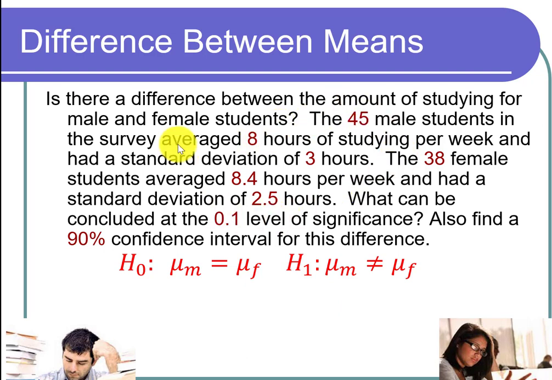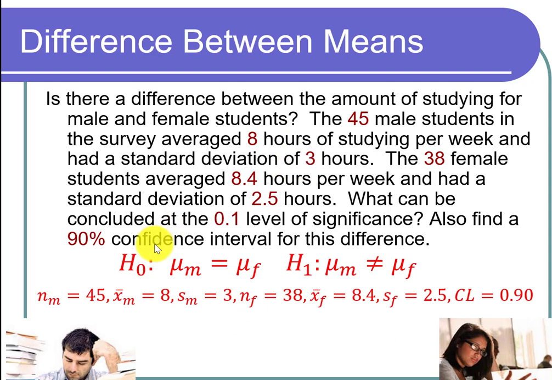Next, we have all these numbers. Let's gather them up. We had 45 male students in the sample, so n sub m equals 45. Their mean was 8, so x bar sub m is 8, and their standard deviation was 3, so s sub m equals 3.